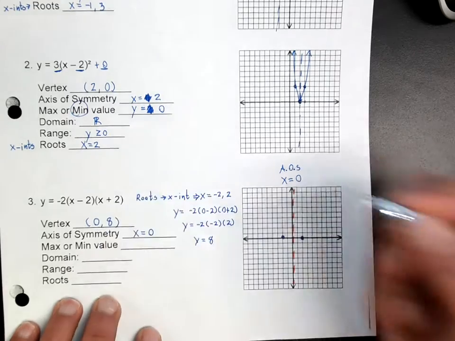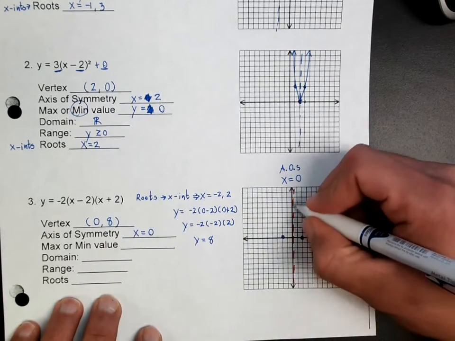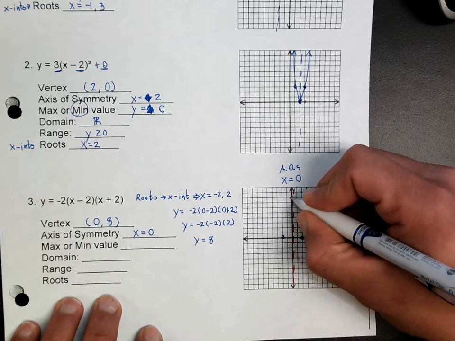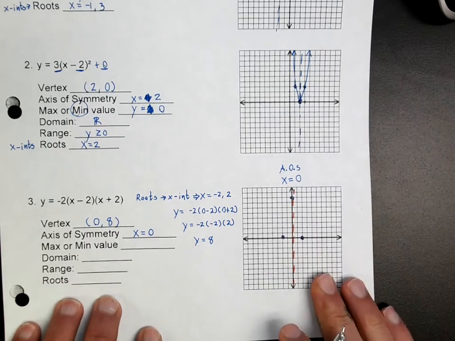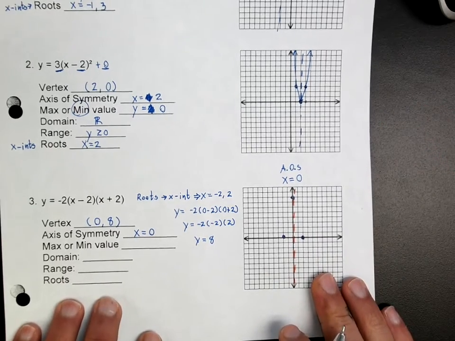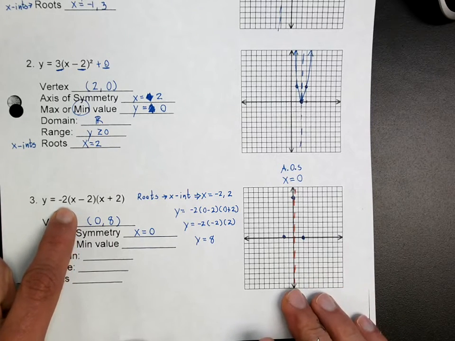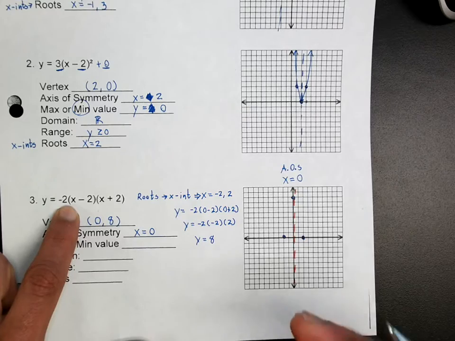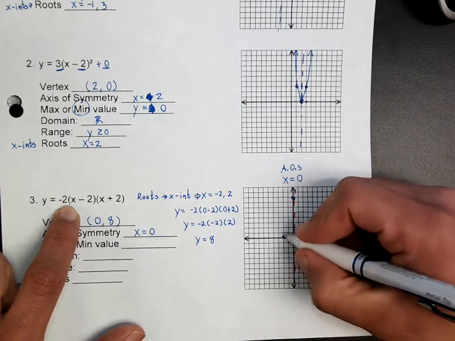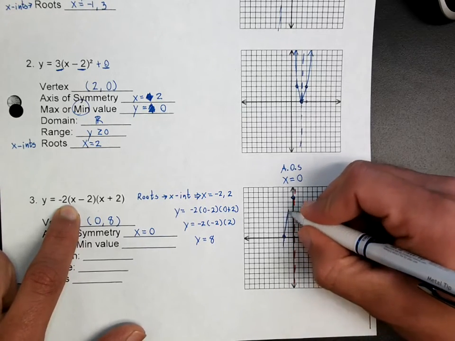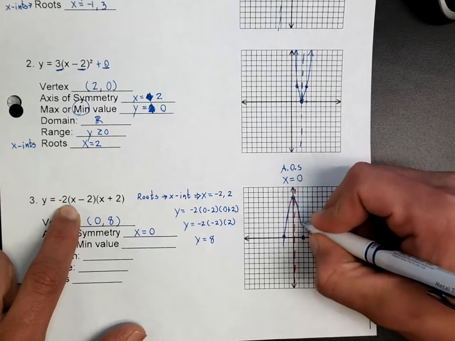So my vertex is going to be located at positive 8. Now, even without you knowing what that means, I know I did this right because this is a negative 2, which means that you're being reflected. And in this case, you are, if you just connect those dots and hopefully make them look like a parabola.